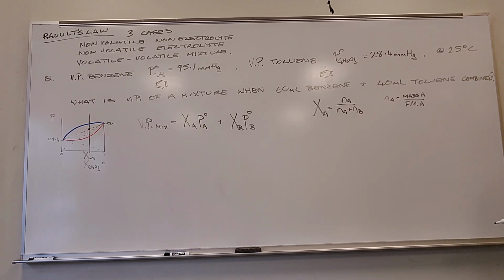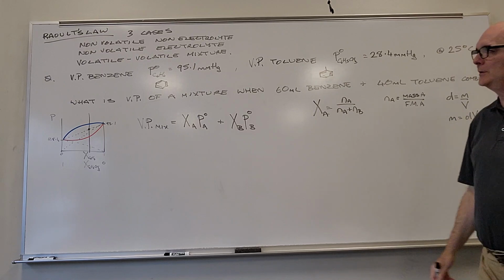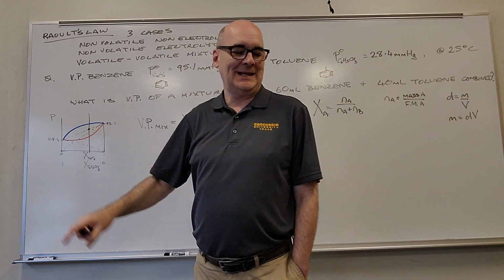We only have volume. So the thing that's missing is that density is mass divided by volume, which means that mass is density multiplied by volume. So I need densities here.